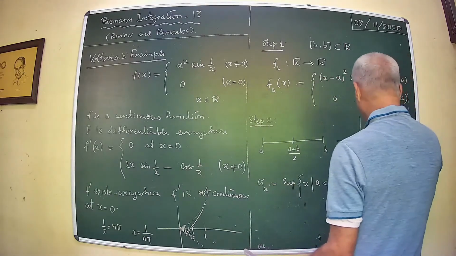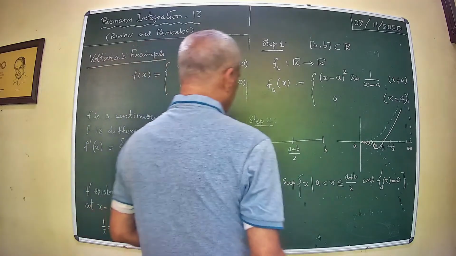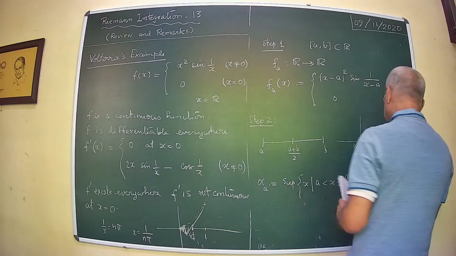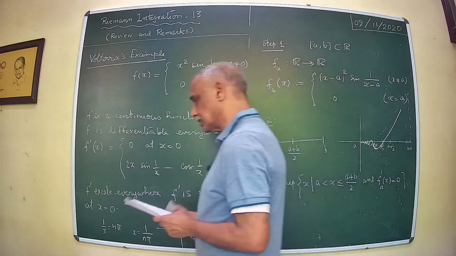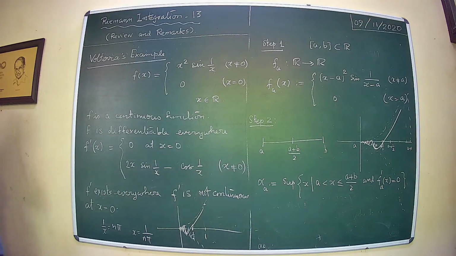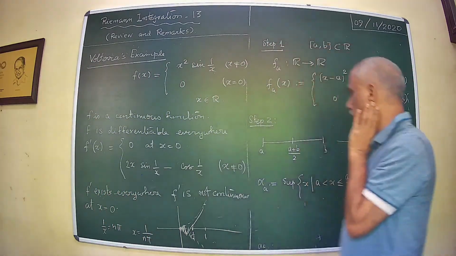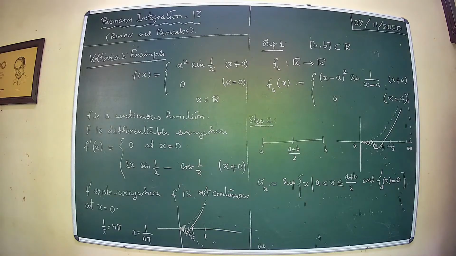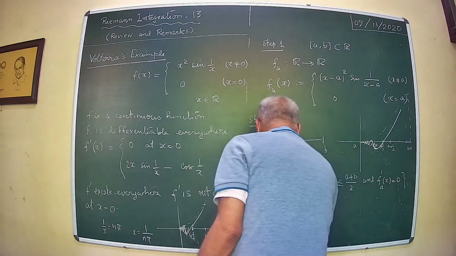So, you will get some point to the left of it where the derivative vanishes. That is the supremum point that you are getting. So such a supremum exists, because you see that the set of points where f a derivative x equal to 0 is bounded above by a plus b by 2, because we are only interested in all x up to this, and therefore the supremum exists. So alpha a exists.